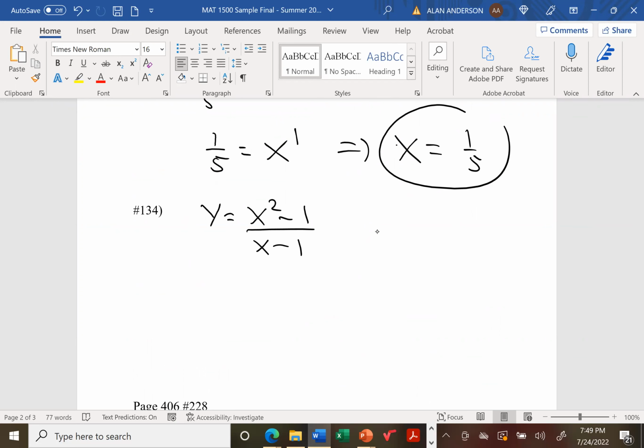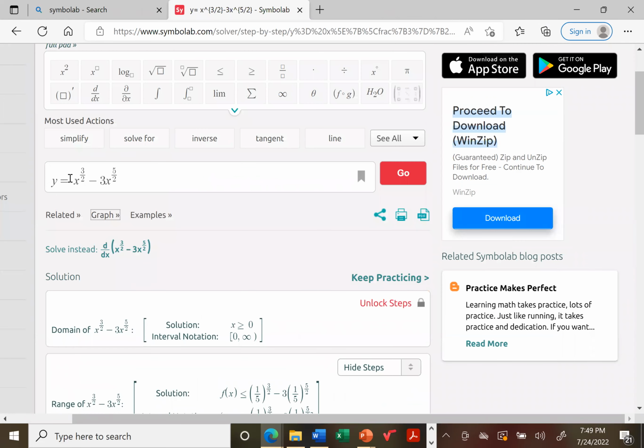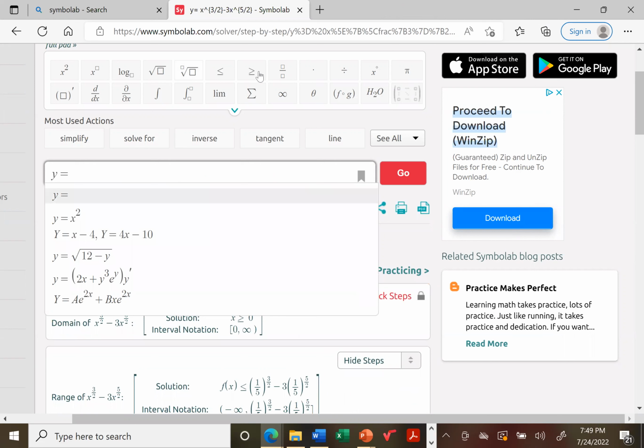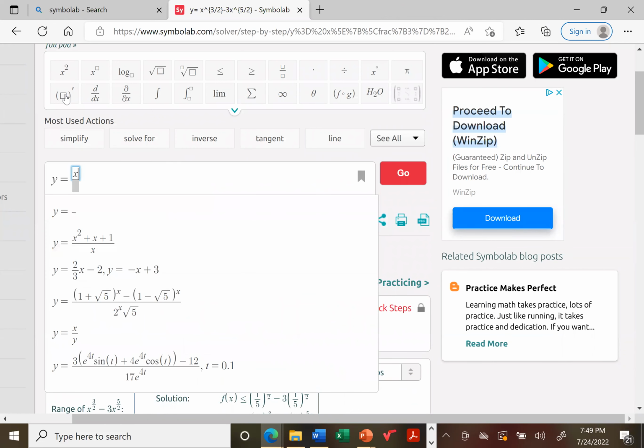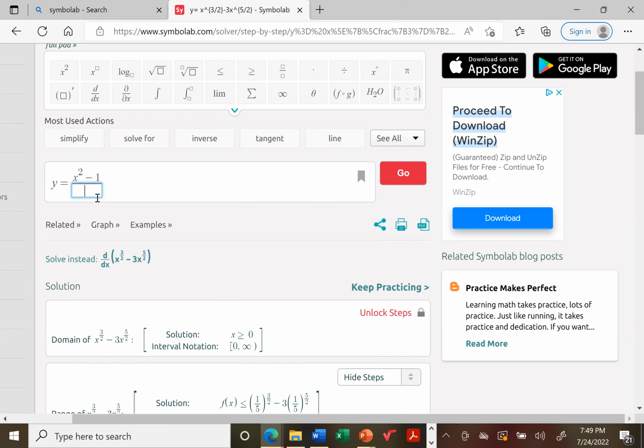Now, we can throw this into Symbolab. You'll notice something interesting when we do that. All right, so the ratio of x squared minus 1 over x minus 1. Let's see what that looks like.